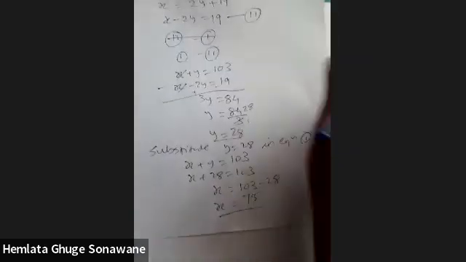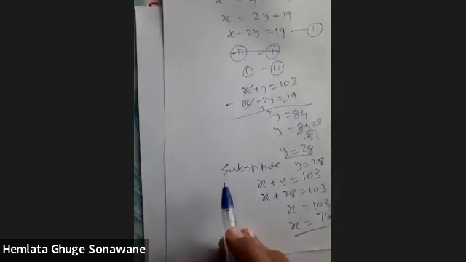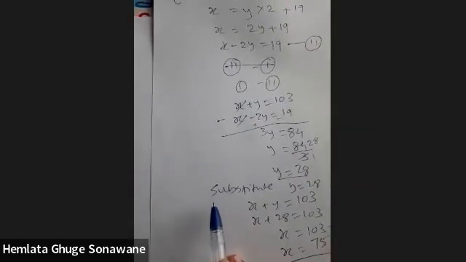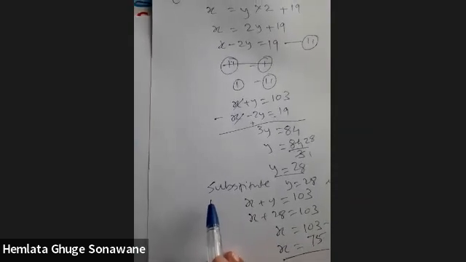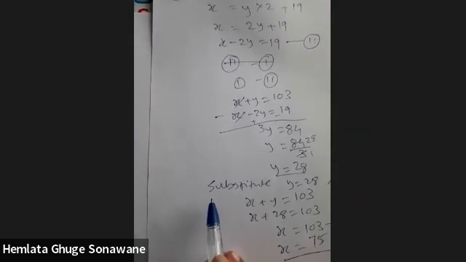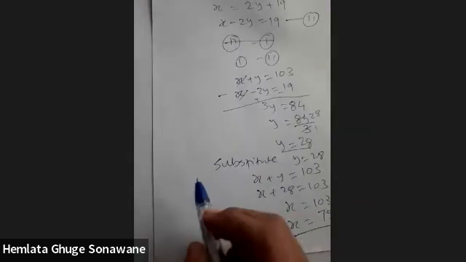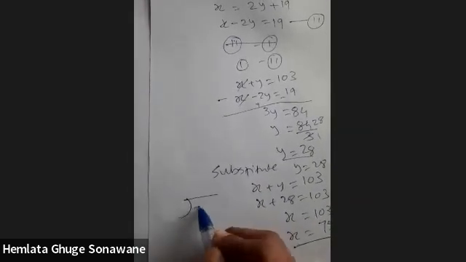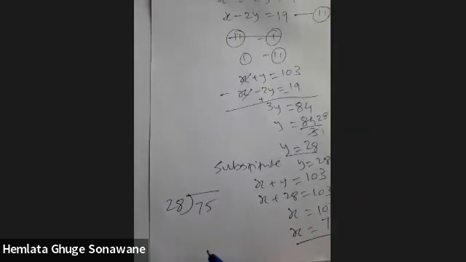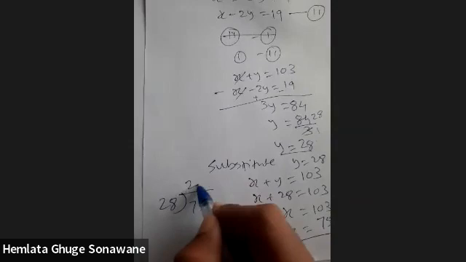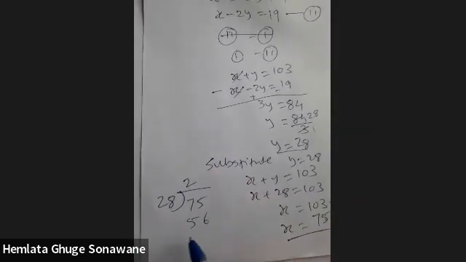We'll check the second condition. What is the second condition? If the greater number is divided by the smaller number, then the quotient is 2 and the remainder is 19. So we'll divide. Our greater number is 75, smaller number is 28. 28 twos are 56.